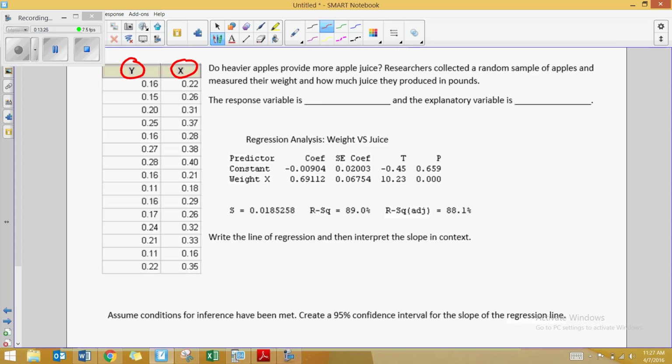The response variable is going to be juice, or juice weight. And the explanatory variable is going to be the apple's weight.